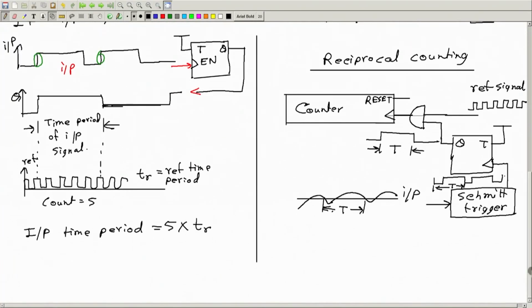Okay. Now, let us talk a bit about the errors that we may encounter in frequency measurement.